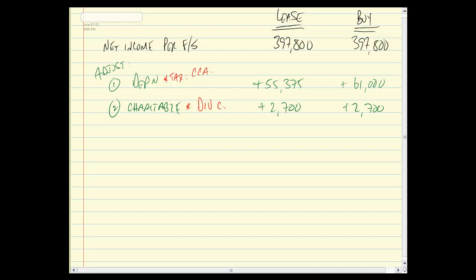So this is a good refresher. We're not getting the benefit of removing them from Division B income, but they will be removed from taxable income as a deduction, not a credit. On the personal side, we use credits for our charitable donations. On the corporate side, we use deductions.